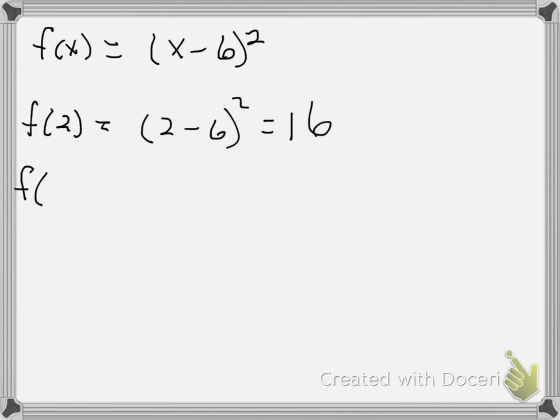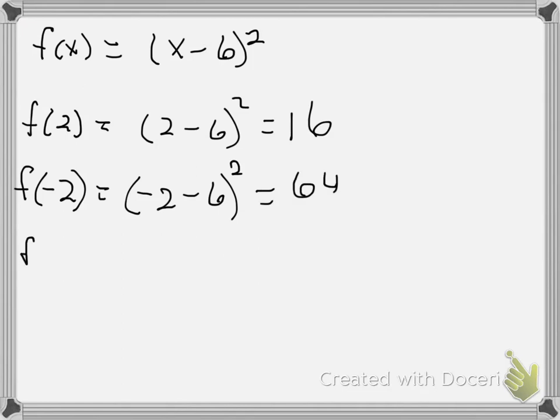Let's say I asked you to find f of negative 2. Well, that becomes negative 2 minus 6, which is negative 8 squared, and that is 64. Let's say I asked for f of 0. 0 minus 6 squared. Negative 6 squared is 36.